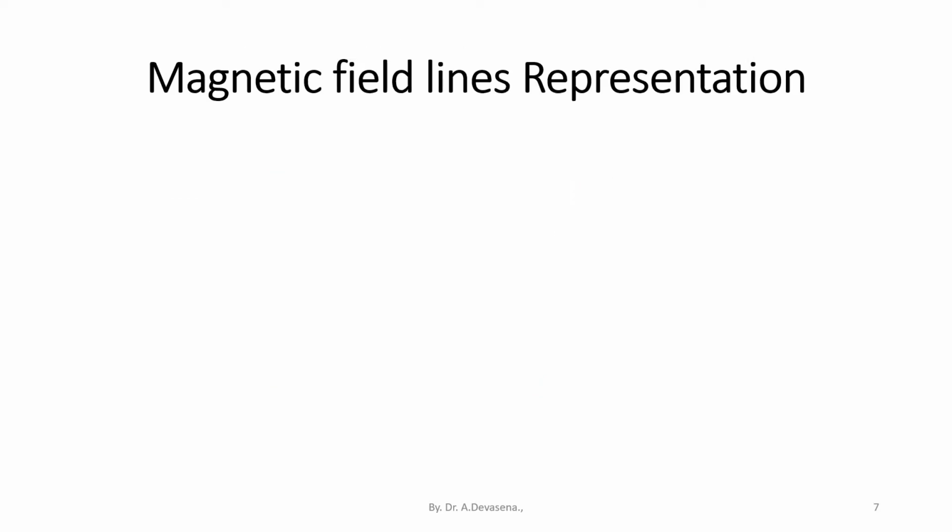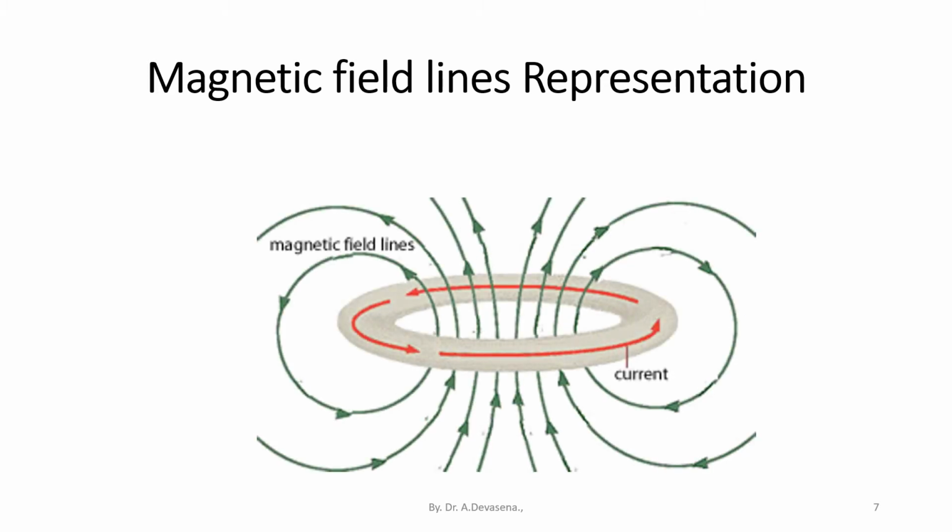Let us see the magnetic field lines representation with the help of a small animation. This is an iron core. In this iron core, current is flowing in the circuit. The red color line indicates the path of current in the circuit, and the green color line indicates the magnetic field lines.